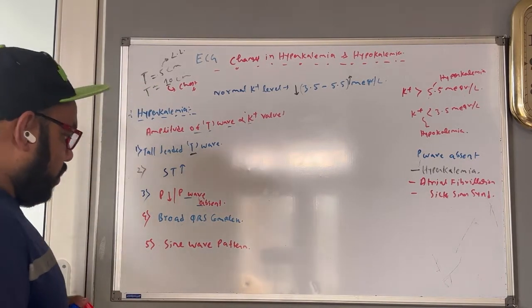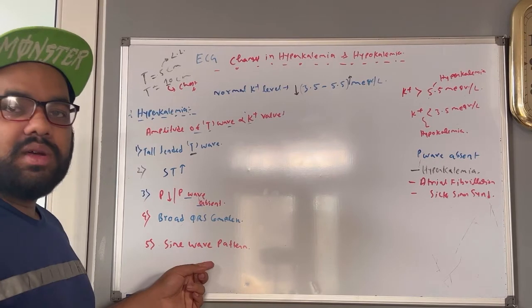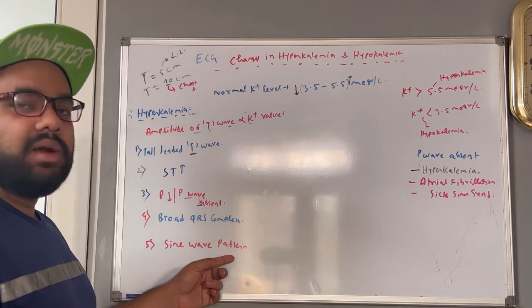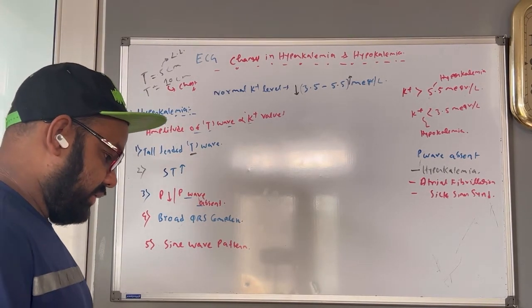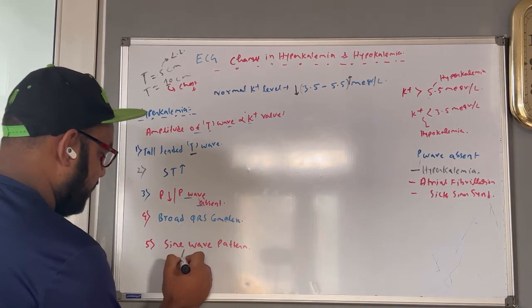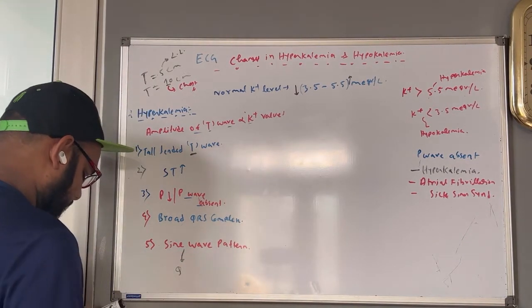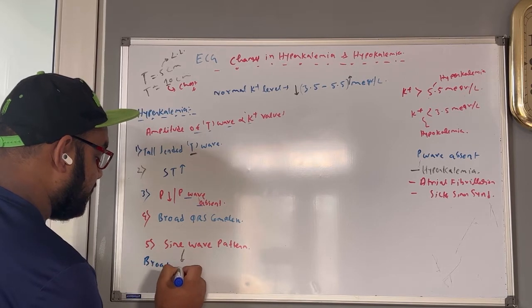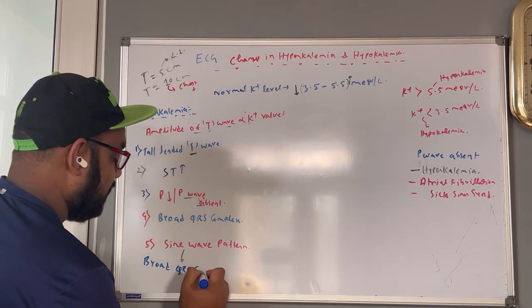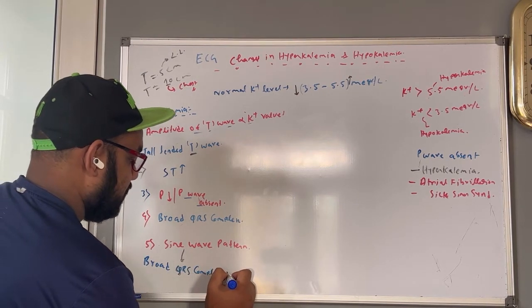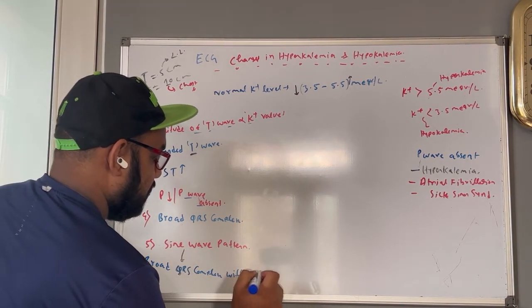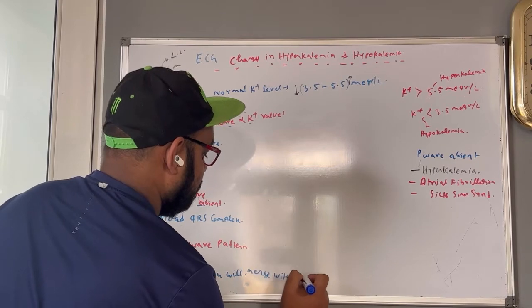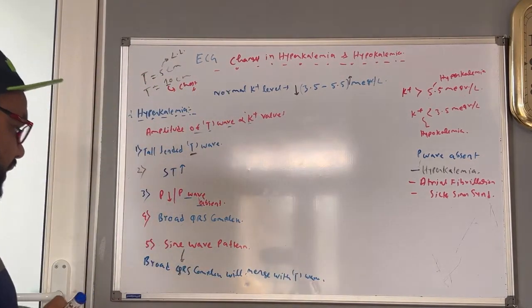Whenever we get the broad QRS complex, it merges directly with the T wave, and as a result we get this type of finding known as the sine wave pattern. Let me write it clearly: whenever we get the broad QRS complex that merges with the T wave, we get the sine wave pattern.